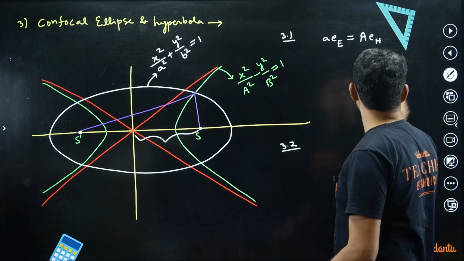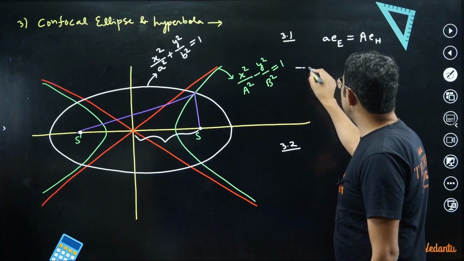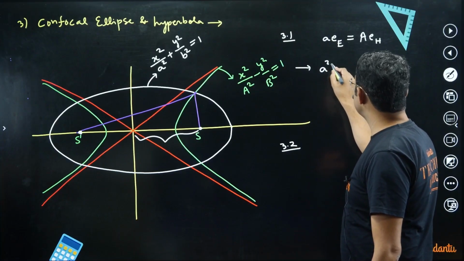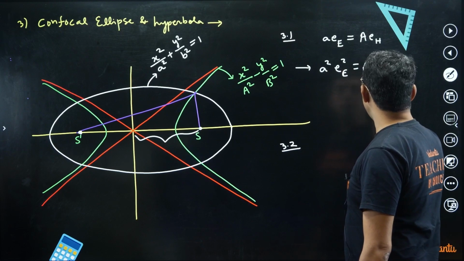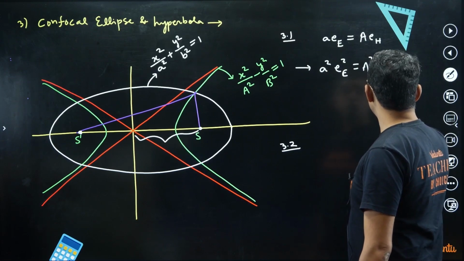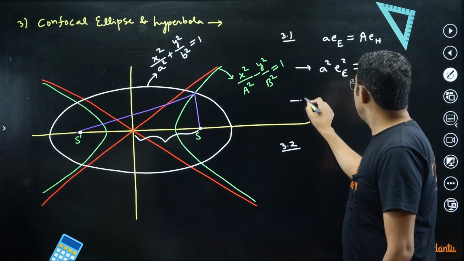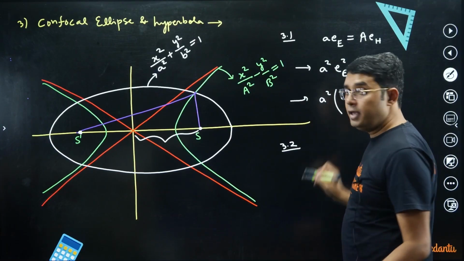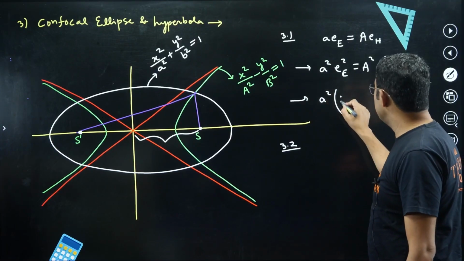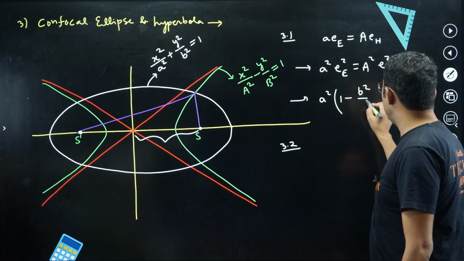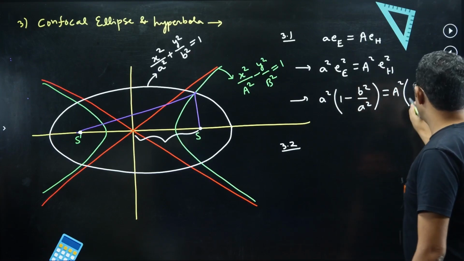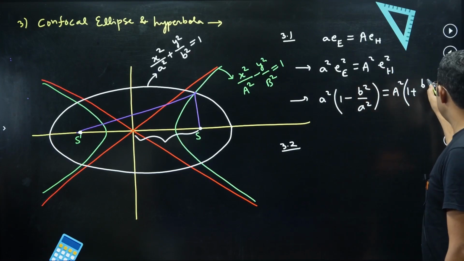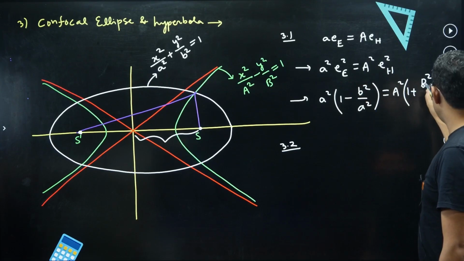Now if you solve it, what do we get? We will get a square into e_E square is equal to capital A square e_H square. I have done the squaring here. Now we can put the values of eccentricity: for the ellipse, a square times 1 minus b square upon a square is equal to capital A square times 1 plus capital B square upon capital A square.